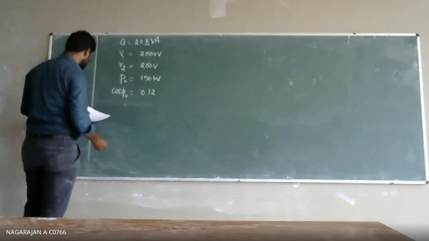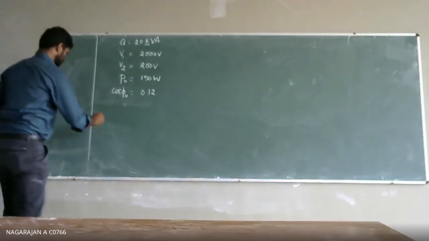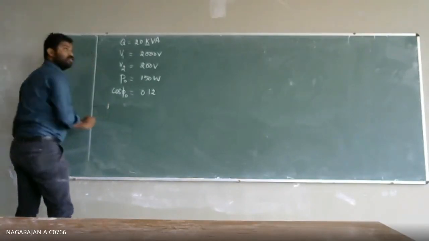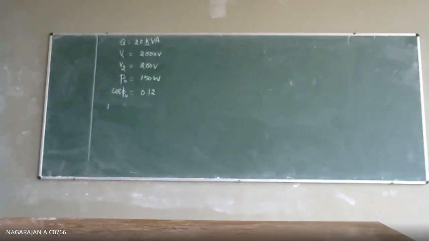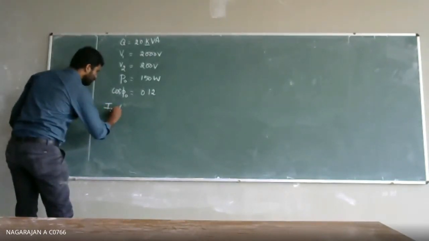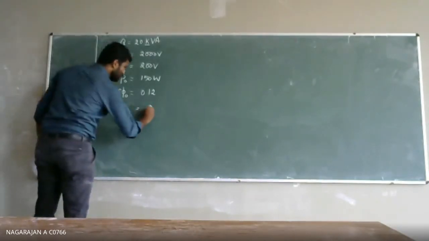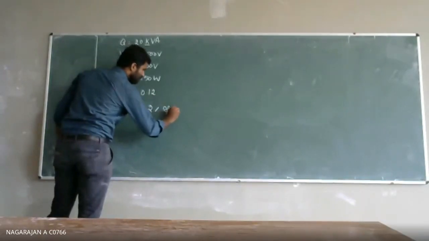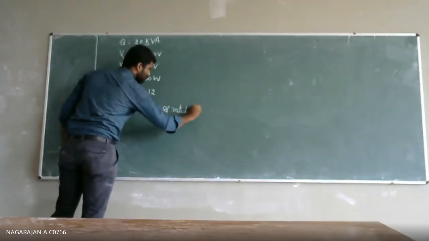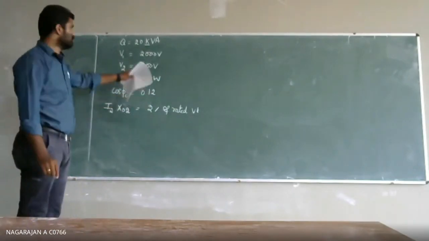They have given one more data, which is the drop due to leakage reactance. The drop due to leakage reactance can be written as I2 X02, which is 2% of rated voltage. What is the rated voltage at the secondary side? It is 200 volts.